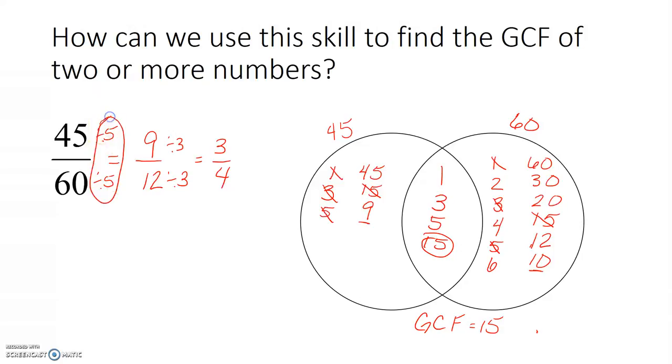I first divided by 5, and then I divided by 3. So let's pull that 5 and that 3 out. If I multiply the two factors I used to simplify, I get 15, which I know is the GCF. Pretty neat. Let's try another.